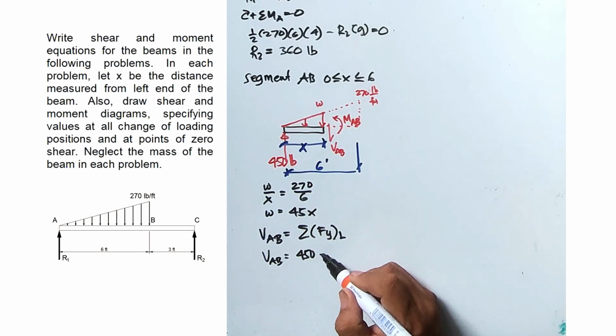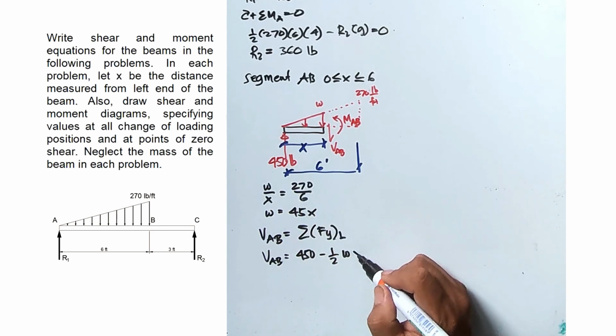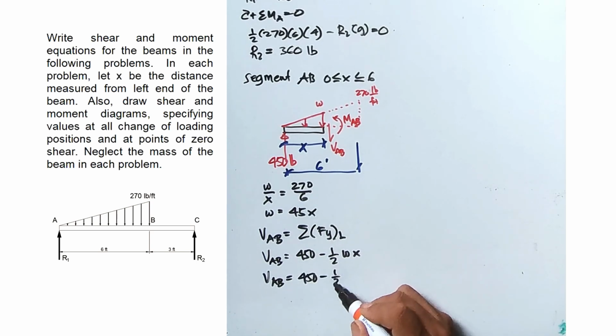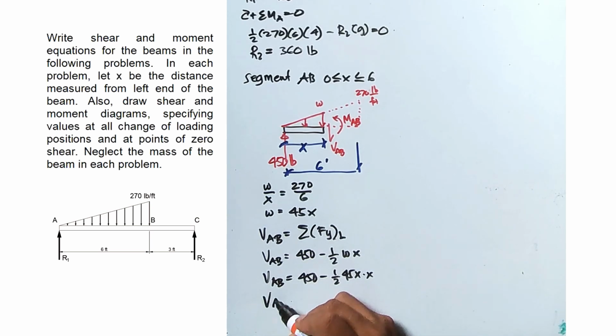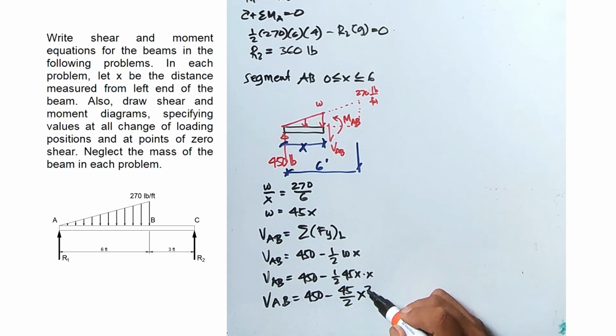This one is minus, that's 1/2 of W times x. W is 45x, so we have 45x times another x. So our equation for shear at AB is 450 minus 45 over 2 x squared.